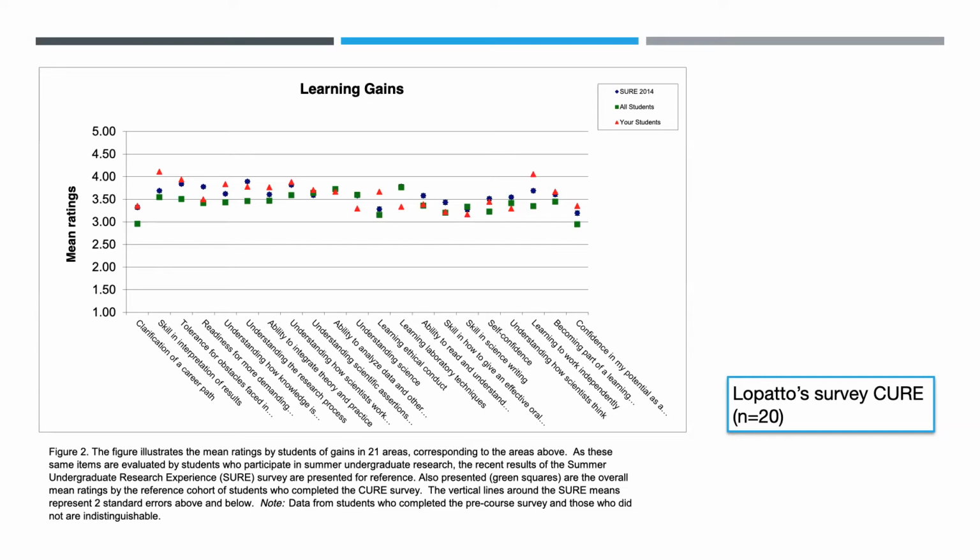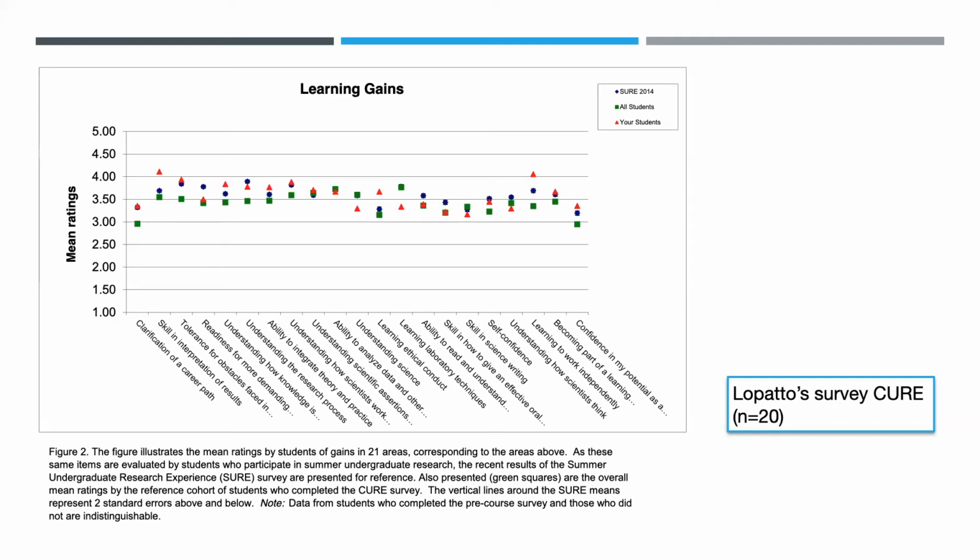And once again, the students were very good at recognizing some of the gains from the actual nature of the research experience. I'm just going to highlight a few. They gave high marks to skills in interpreting results, tolerance for obstacles faced in the research process, understanding how knowledge is constructed, understanding the research process, understanding how scientists work, becoming part of a learning community, learning to work independently, learning ethical conduct.